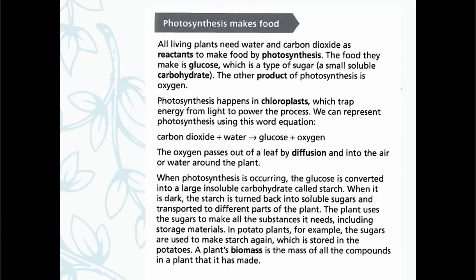It can be cellulose to make the cell walls, it can be starch, it can be sucrose inside the fruits, proteins. All of these things are called biomass. So bio means living, mass is the mass of the substances that is made by a living organism.